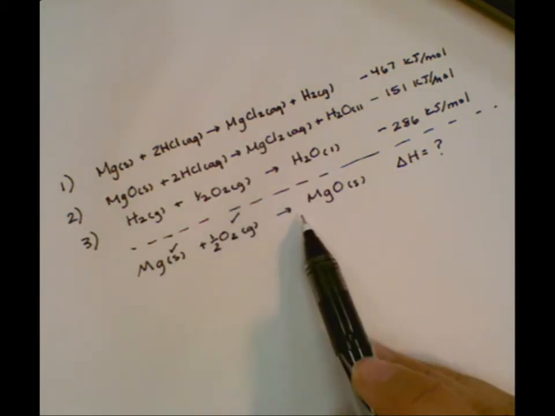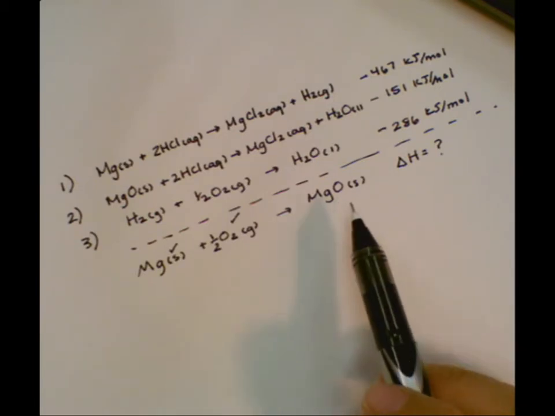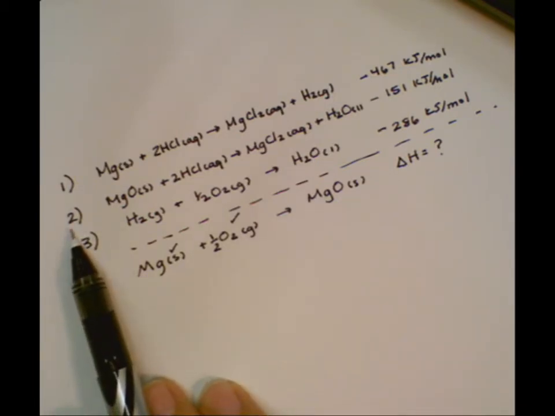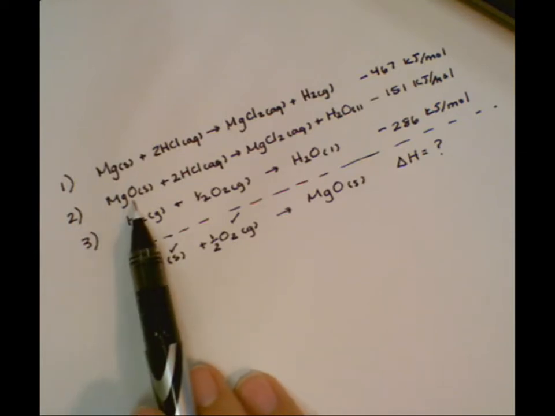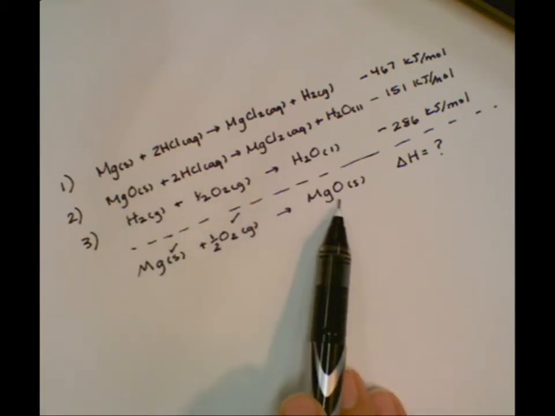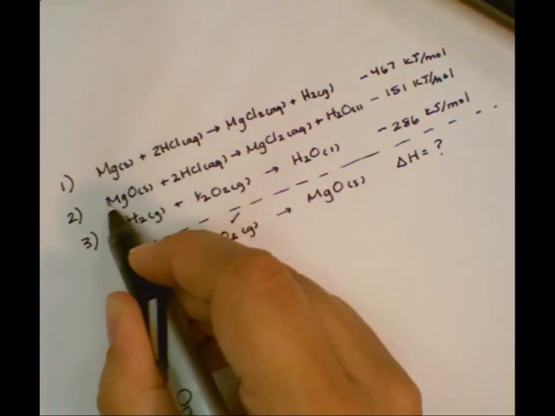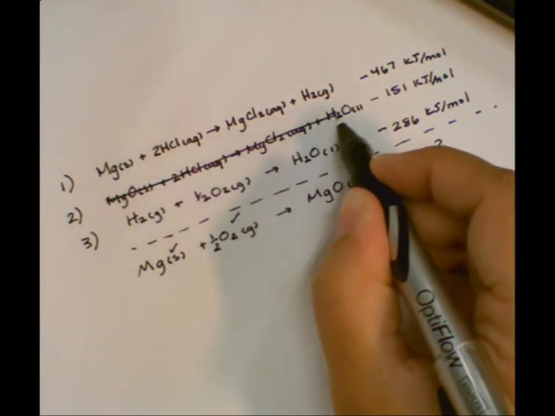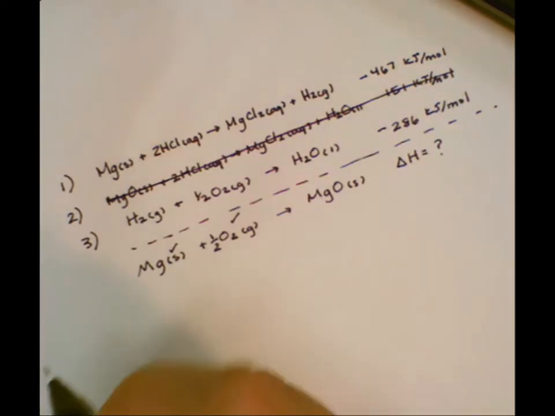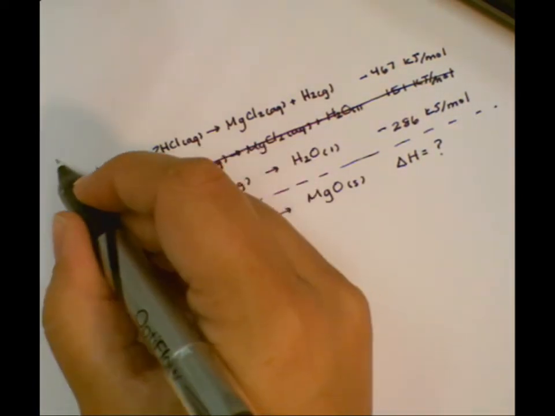Then we're going to look for the solid magnesium oxide. It appears in equation 2, where it is a reactant. In order to fix that problem, we're going to have to do a little reversing. Here it's a reactant, here it's a product. I need this to be on the product side, so I'm going to reverse the equation. I'm just going to cross it out and rewrite it at the top.